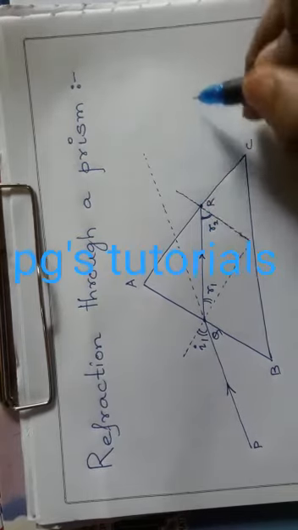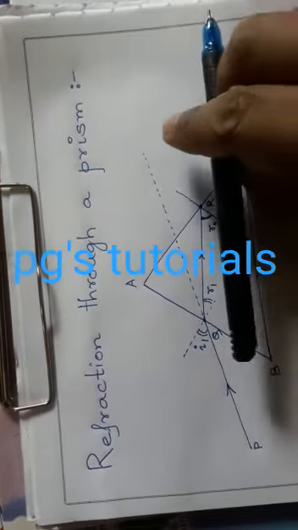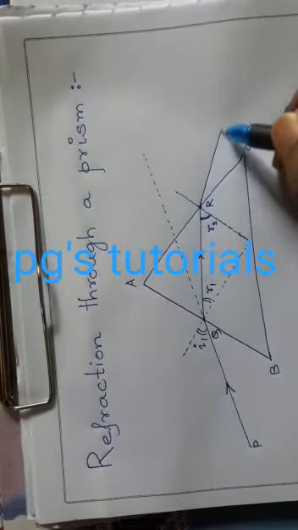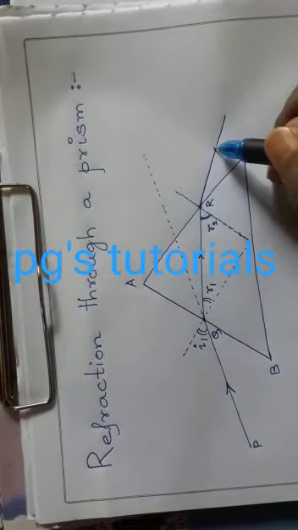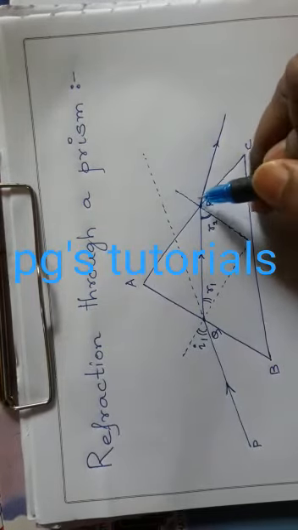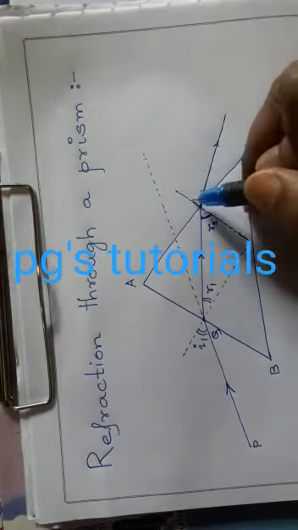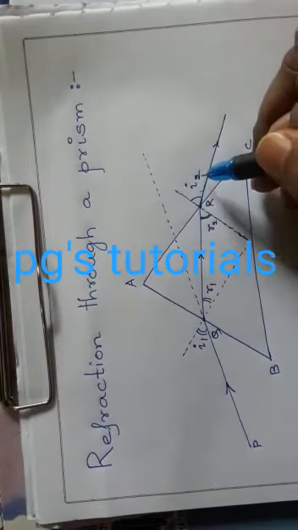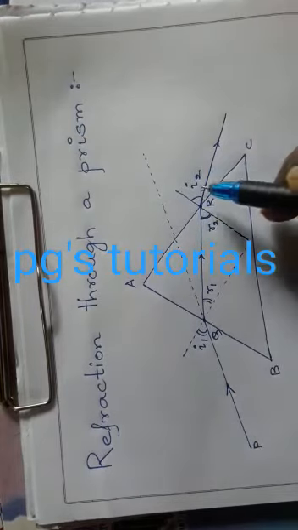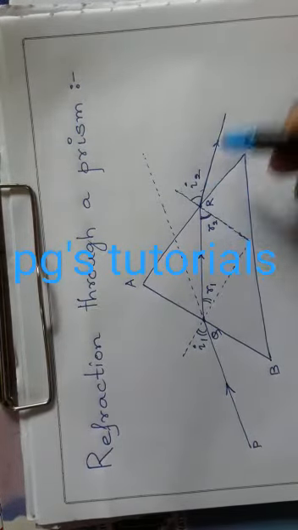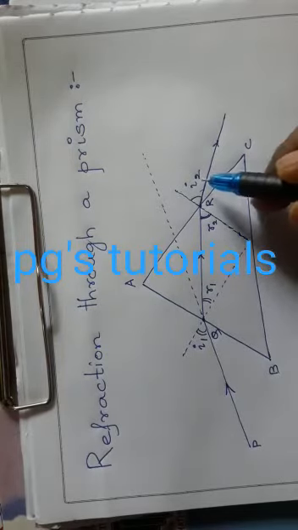It will not go straight, but it will go like this, away from the normal. The angle made by this normal and the refracted ray we call I2. So for the surface AC, R2 is the angle of incidence and I2 is the angle of refraction.